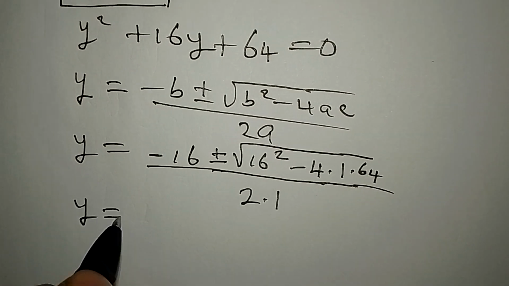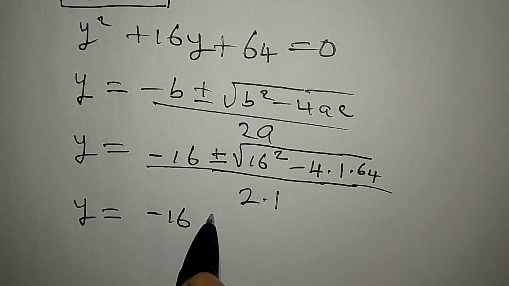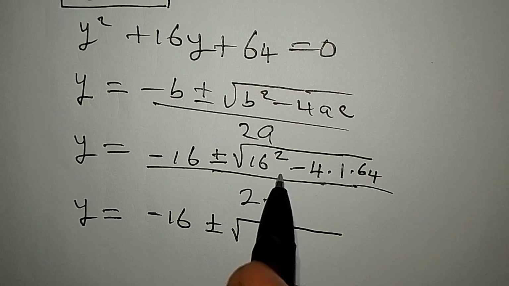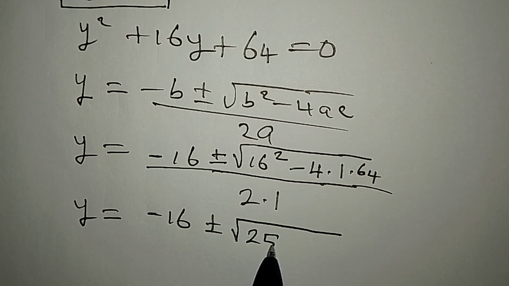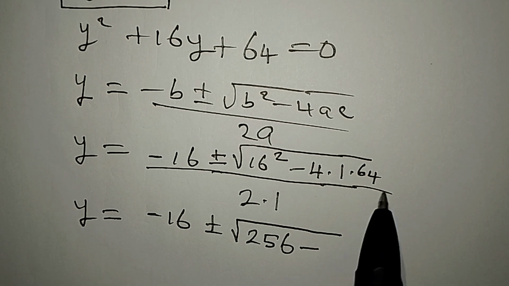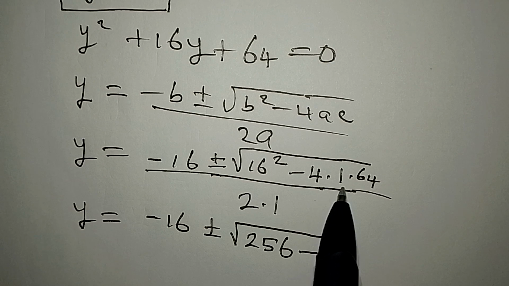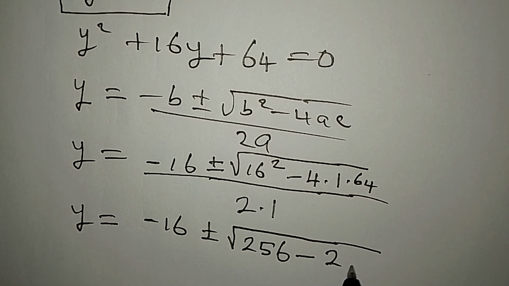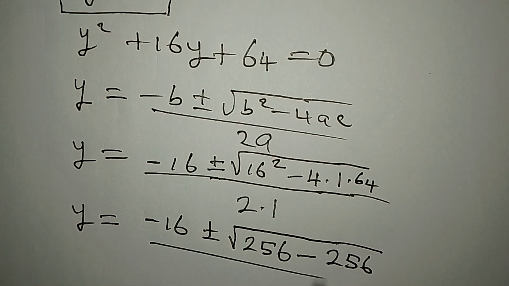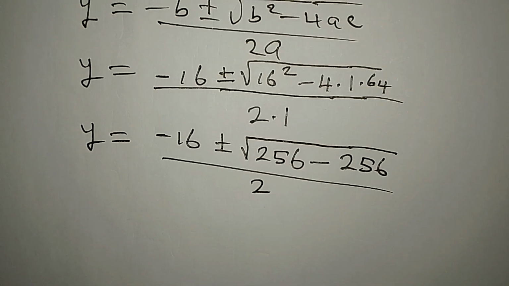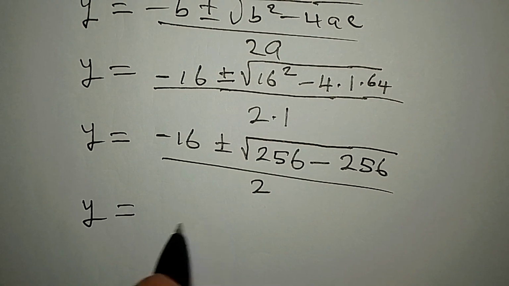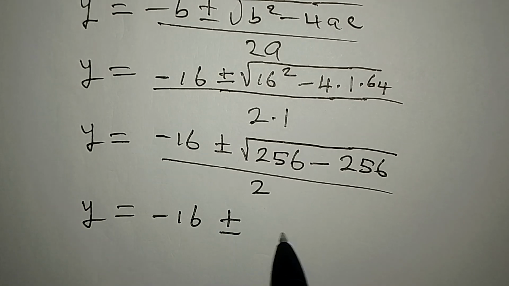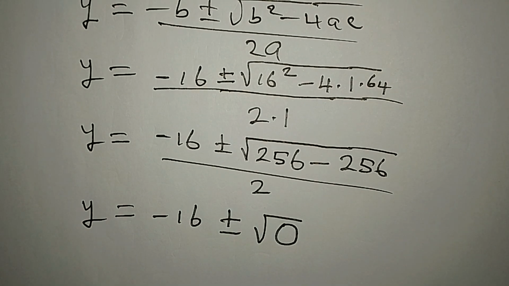Now y is equal to negative 16 plus or minus square root of 16 squared, which is 256, minus 4 times 1 times 64, which will also give us 256. So the whole of this is over 2. To continue, y will be equal to negative 16 plus or minus square root of 0.